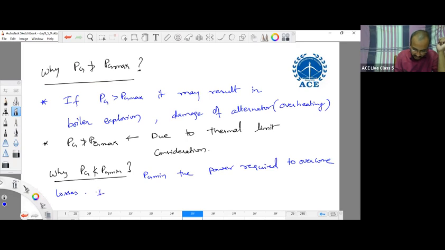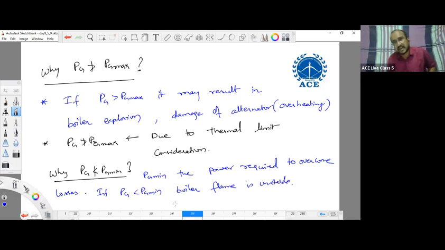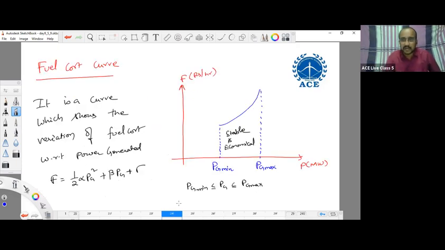If Pg is less than Pg minimum, the boiler flame is unstable. So that's why the power which has been generated should be within the minimum limit and maximum limit for economical and stable operation.